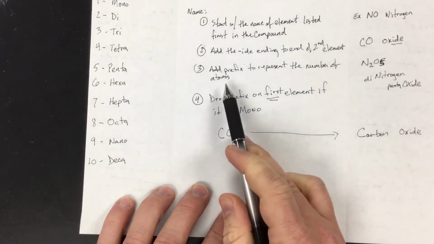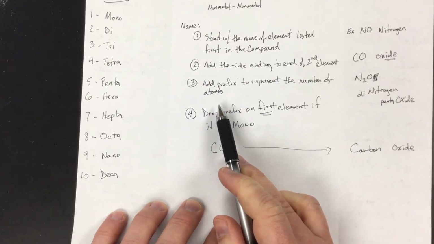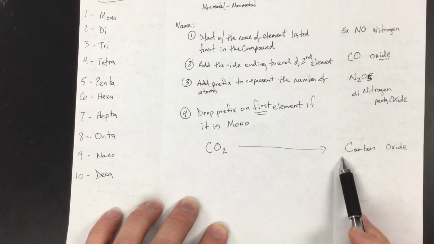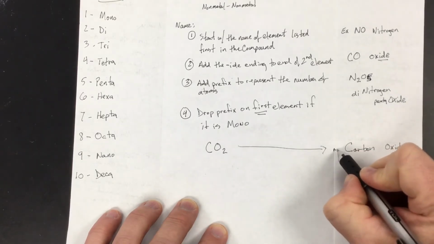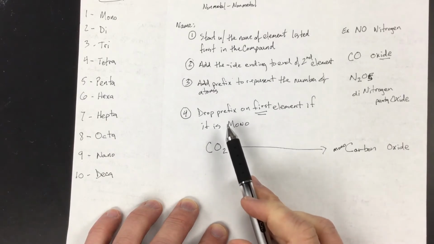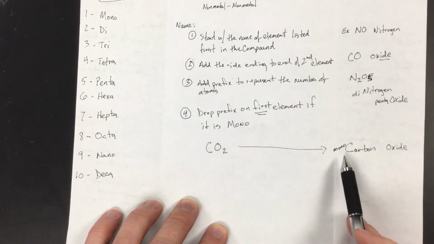And rule number 3 says add a prefix for each one, all right? If it's 1 carbon, then you would normally put mono there, right? Some students will go ahead and put mono in there, and when we get to rule 4, we know we're going to drop that one, correct? But we'll leave it there for now and just pretend that we don't know what's coming, okay?